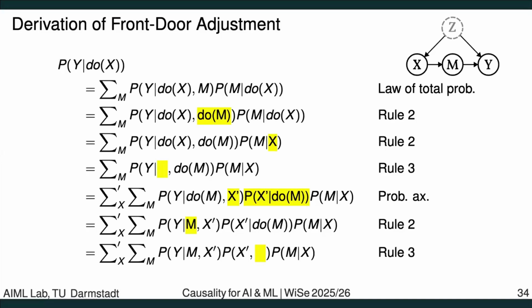And then again, this other part, right? That's easy then. This is what we had before. It's the direct effect of x on y.